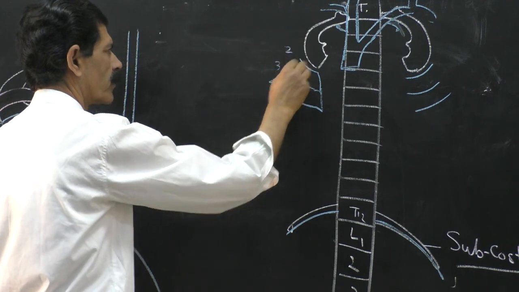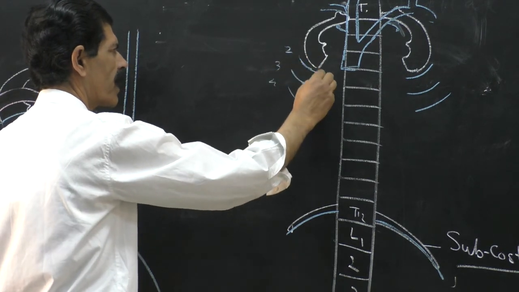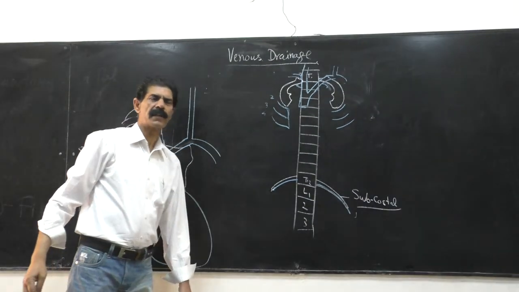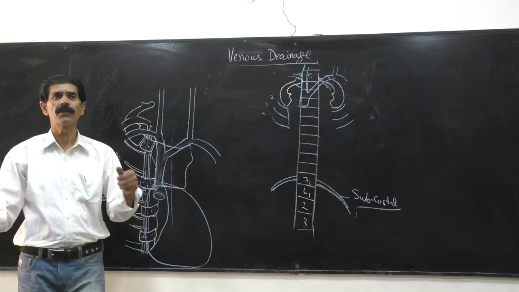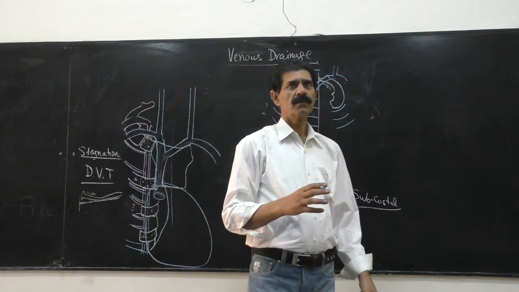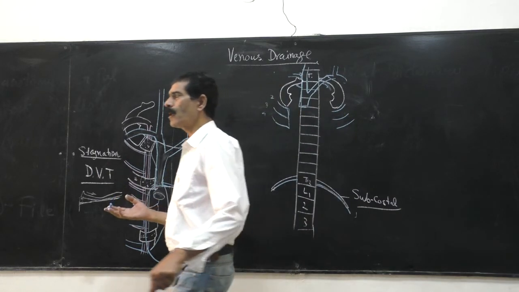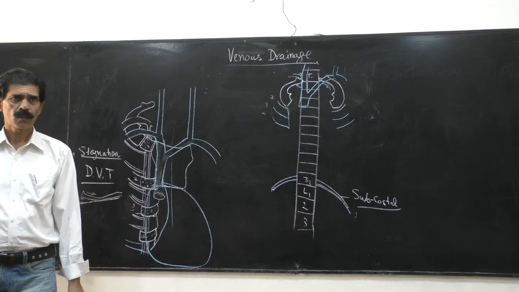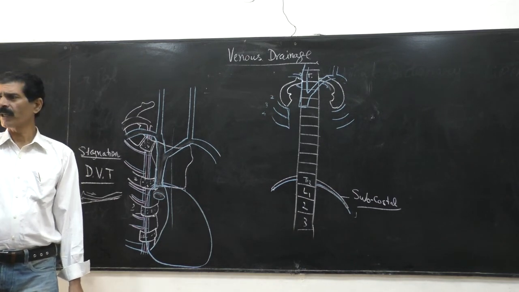Second, third, and fourth. So this diagram is very, very important. Everybody should make it as a full page diagram because it needs practice 10 to 12 times. Then it will be solved. The question may be asked as broad label or it may be asked like write a short note. So everybody should draw in a full page.